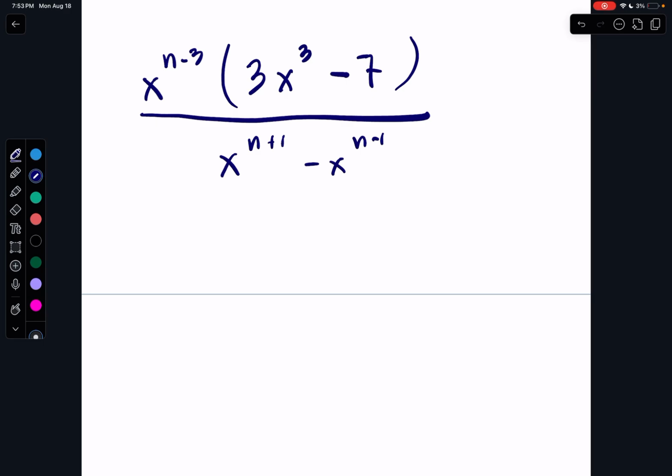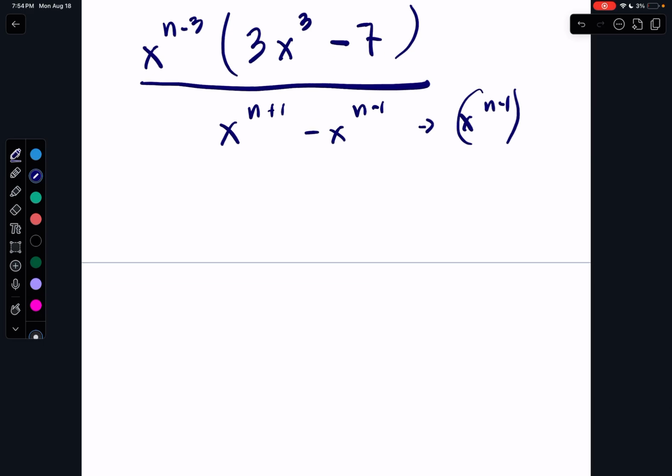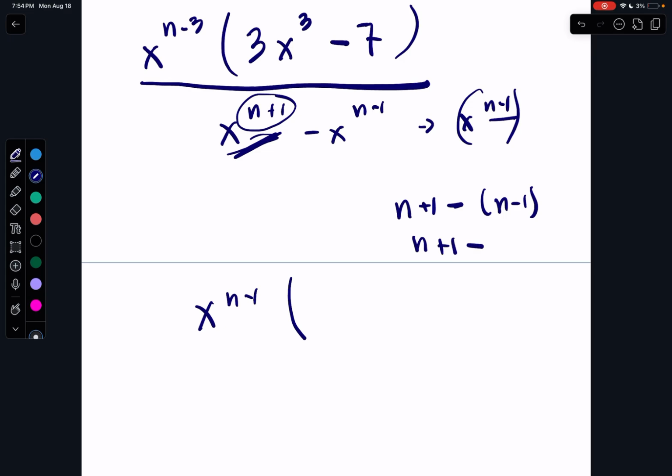If I'm going to factor out x^(n-1), same thing, it will become x^(n-1) times, you know what happened in here, right? Subtract, so you have n plus 1 minus (n minus 1). So n plus 1, negative n, and positive 1. This will cancel out, so you only have 2 as the exponent. So x squared, and this will become just negative 1.